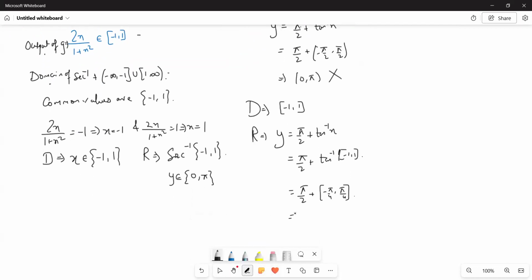Then y lies between pi by 2 minus pi by 4, which is pi by 4, and pi by 4 plus pi by 2, which is 3 pi by 4. That will be the answer: pi by 4 to 3 pi by 4.